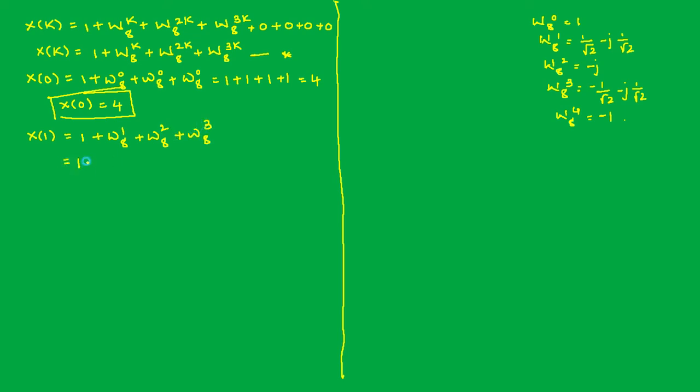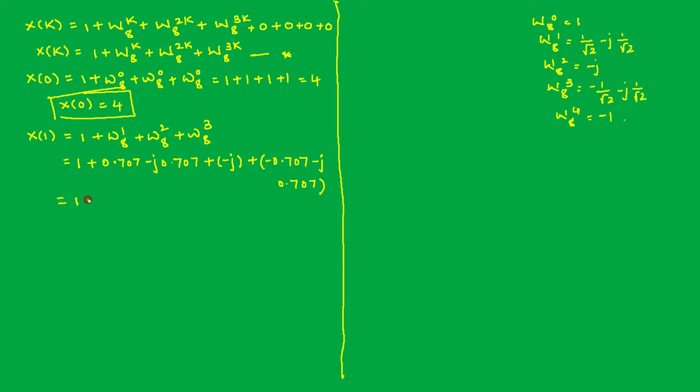So here w8 1 is 1 by root 2, which is nothing but 0.707 minus j 0.707, plus w8 raised to 2, w8 2 is minus j, so this is minus j, plus w8 3, which is minus 0.707 minus j 0.707. So we will simplify this one.